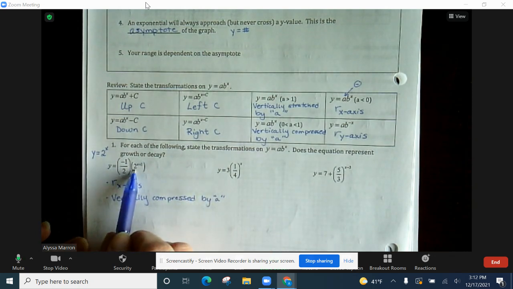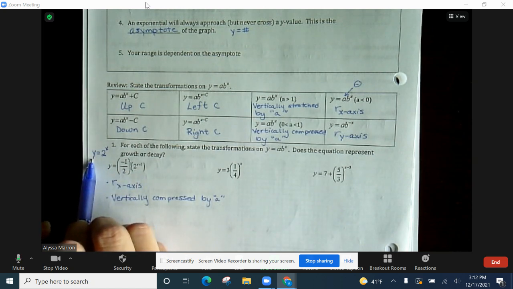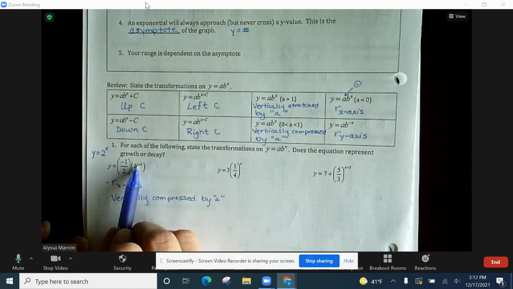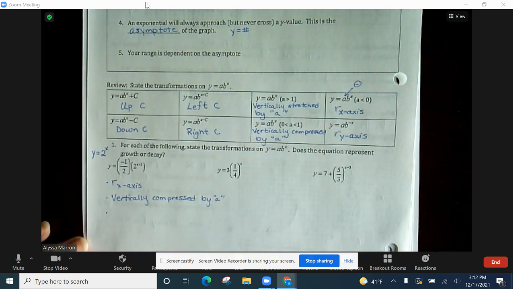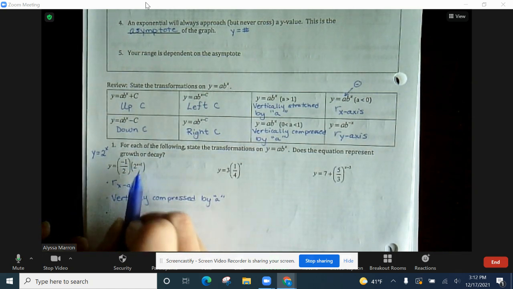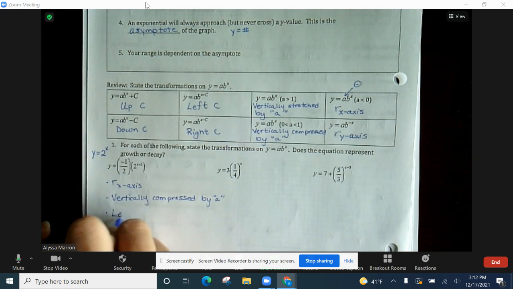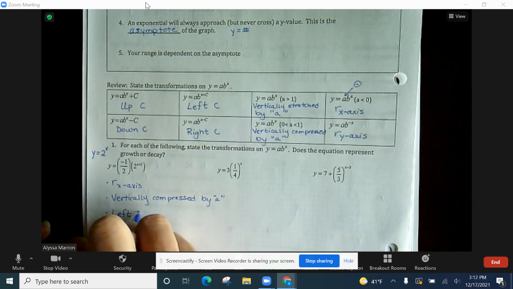Next, this 2, like I said, isn't doing anything in the form of a transformation. That was just my parent function. And then this x plus 1 in the exponent, that's going to be our left-right shift. Plus 1, we'd think right 1, so we know we're going left 1.